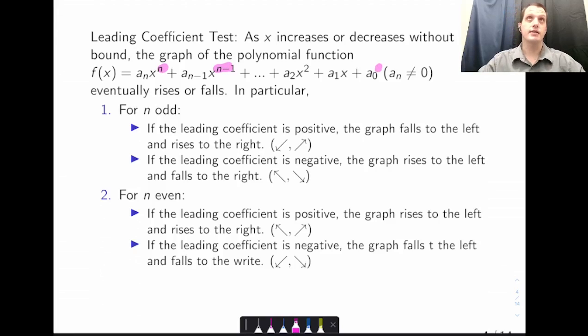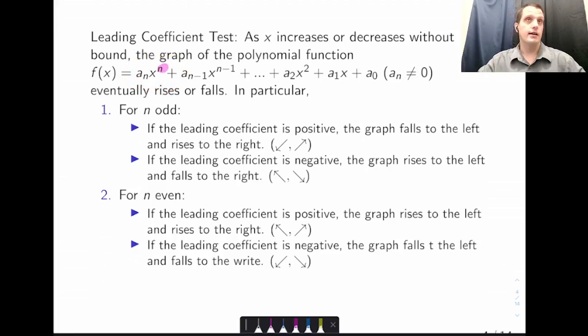Here we actually have x to the 0th power, but that's just 1. All right, eventually rises and falls in particular ways. So we're looking for the power n, our leading term here, which in this case is this a sub n x to the n.